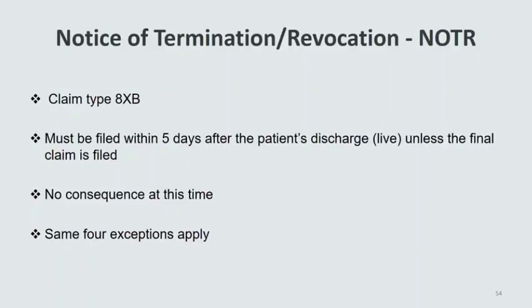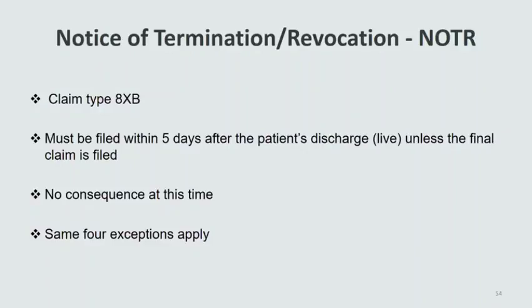However, what's happening is a patient will revoke, so an NOTR needs to be done. They'll go and get some treatment or services and come back a couple of days later to the same hospice. Same hospice goes and sends in the NOE. NOE is denied because the NOTR hasn't been processed. And in the KX modifier, the hospice will indicate the NOTR from the previous hospice stay had not processed yet.